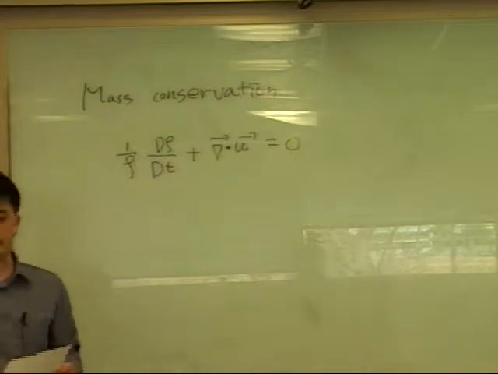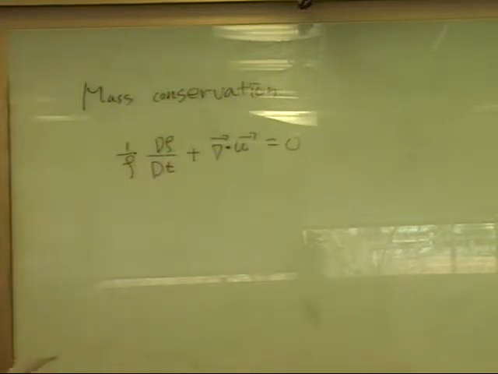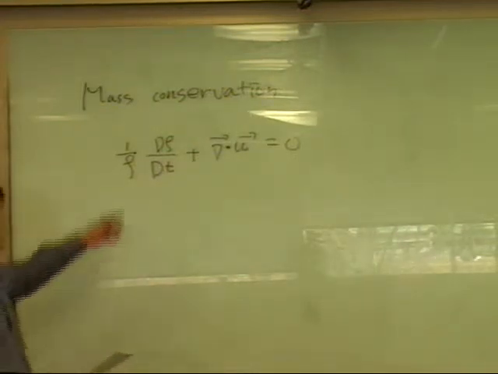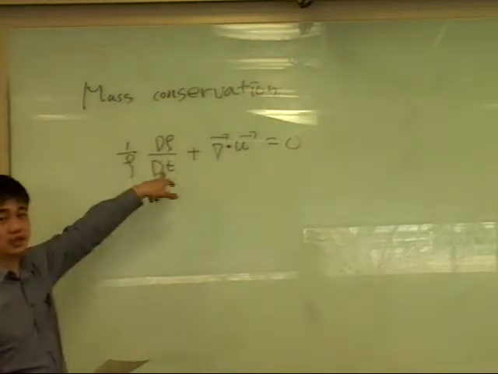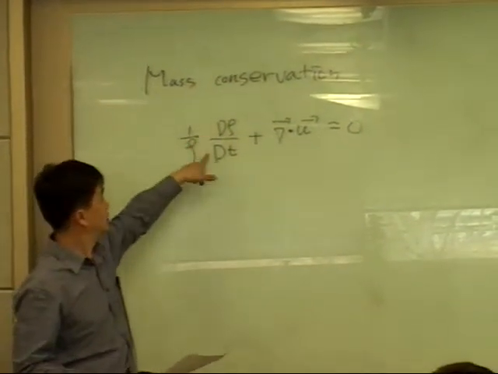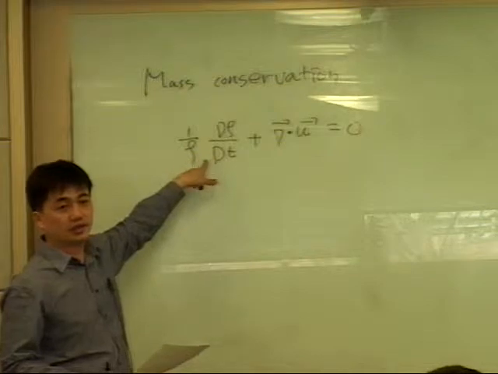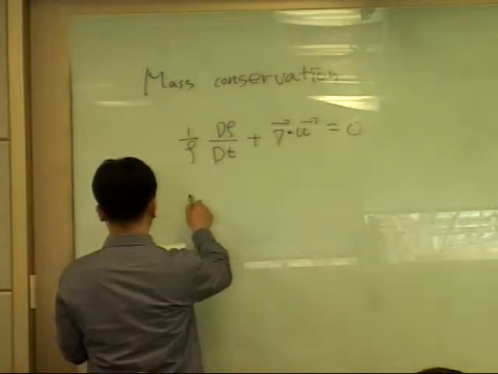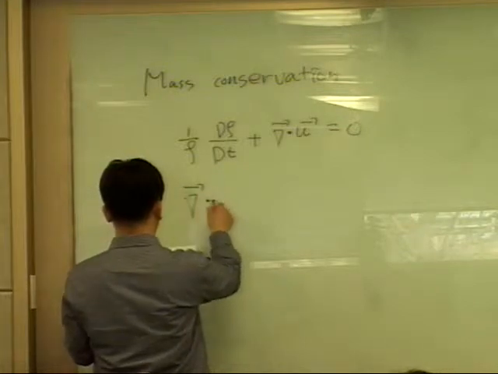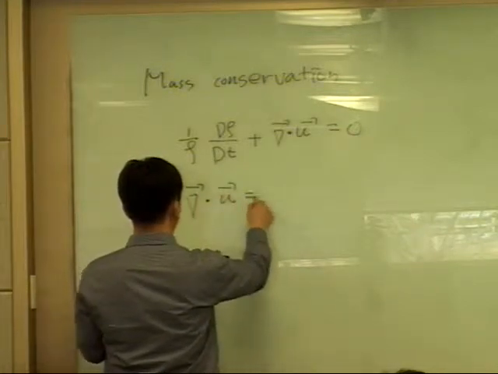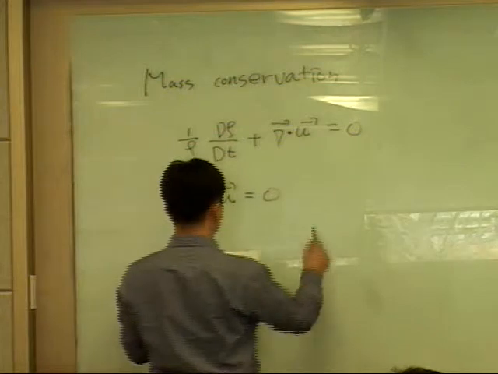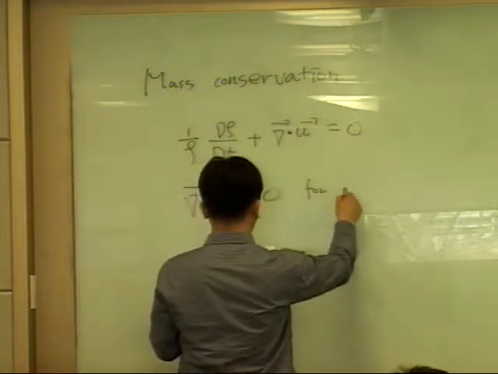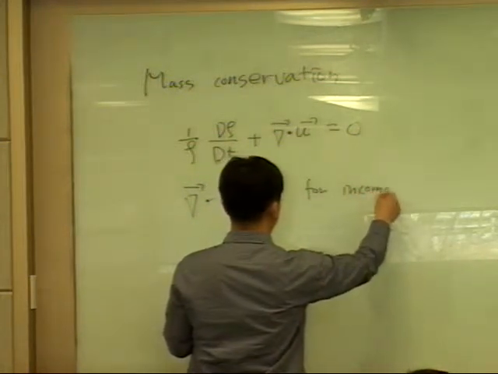We derived this one. Here rho is density, t is time, and d rho over dt is the total derivative. And for incompressible flow, this is the continuity equation for incompressible flow.